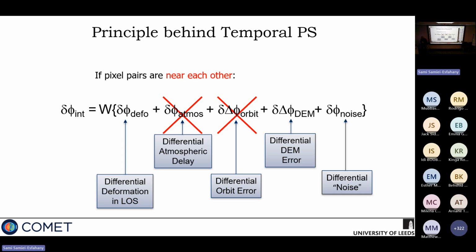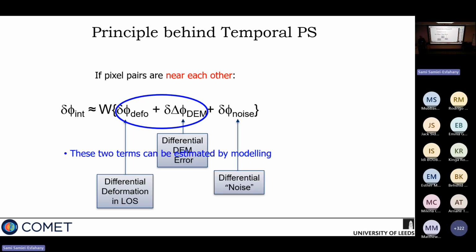The orbital error terms cancel out as well. So you're just left with these two things. This is what we're going to characterize: deformation and DEM errors. These two terms can actually be estimated by modeling, which would then just leave the noise term. And how is that done?